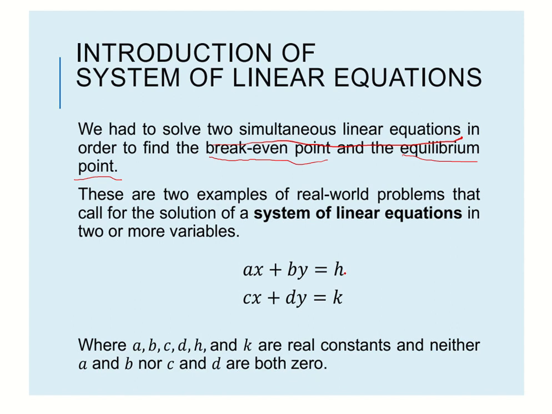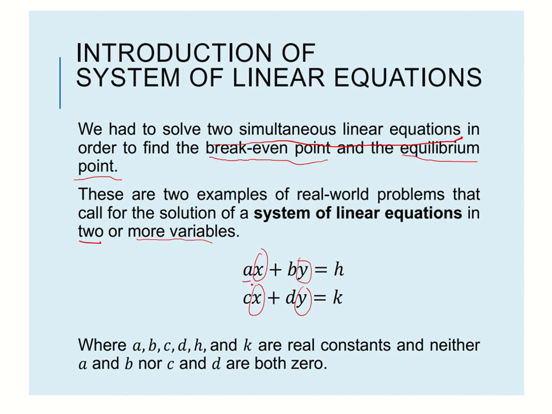If we have a system of linear equation, it will involve two or more variables. For example here, the variables involved are x and y. We have two variables here, and this involves two equations.